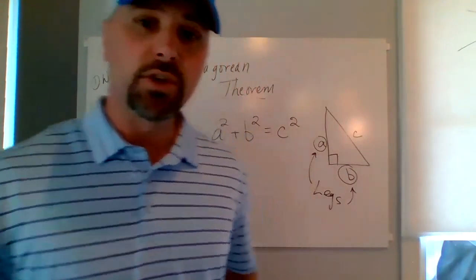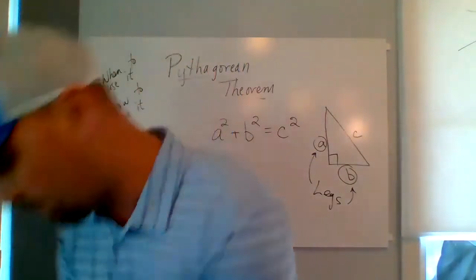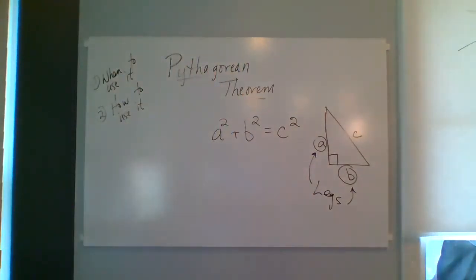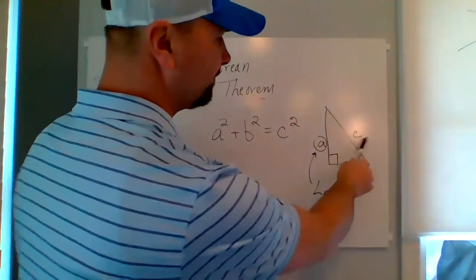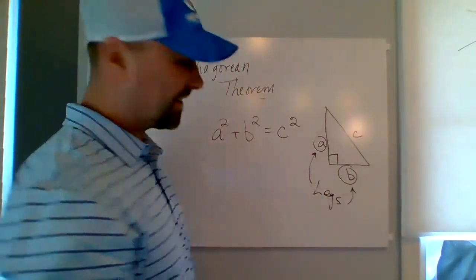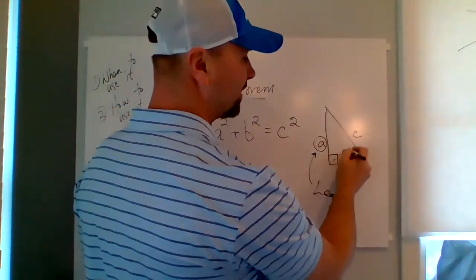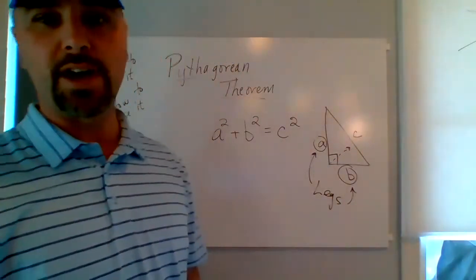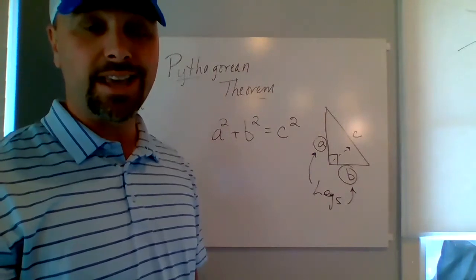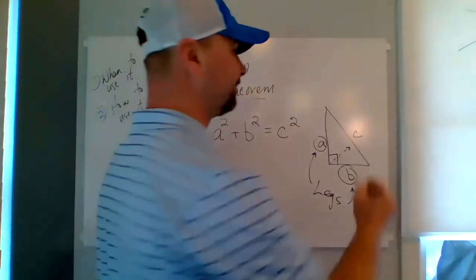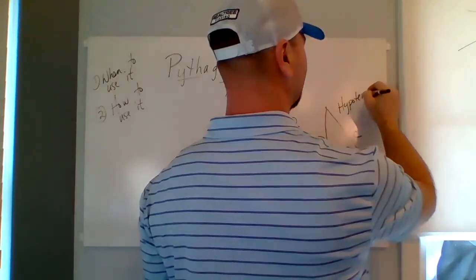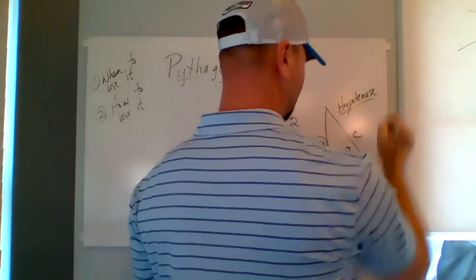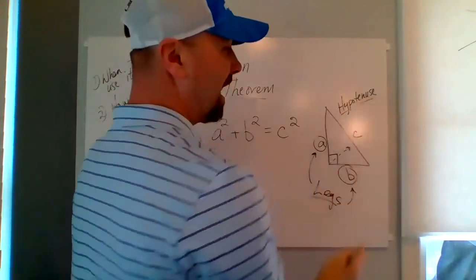That leaves the third side as C. It's always directly across from the right angle. It has the name hypotenuse.